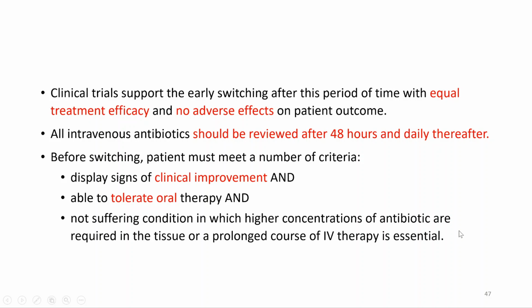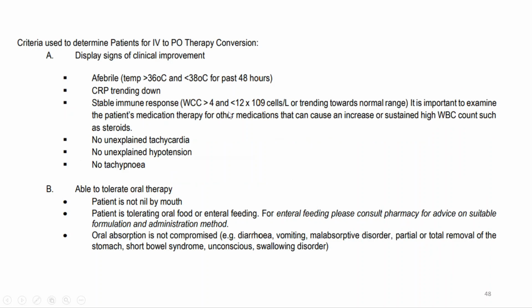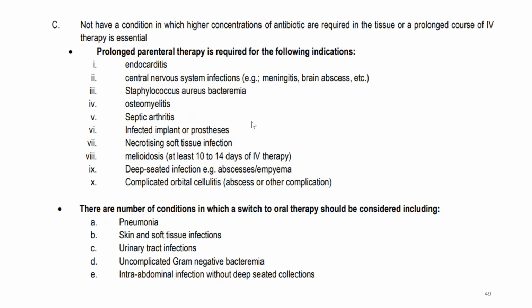For example, you should not prescribe oral therapy to a patient who has GI issues. The details of the criteria can be reviewed; I've taken these from the National Antibiotic Guideline.